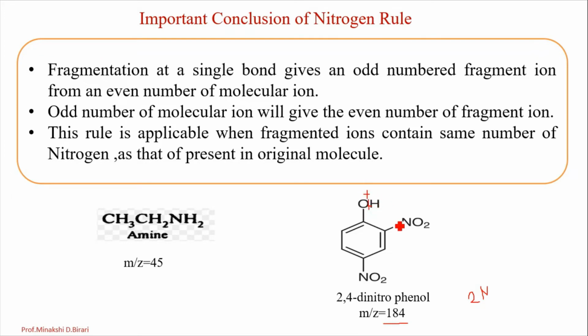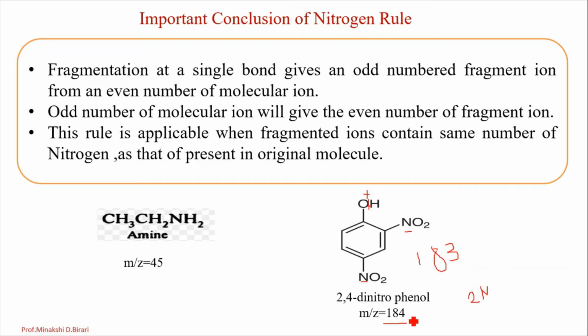And if we calculate the molecular mass of this fragment ion, it becomes 183. Now, the number of nitrogens present in the fragment ion and in the molecular ion are the same, two nitrogens. As we have studied, fragmentation at a single bond gives an odd numbered fragment ion from an even numbered molecular ion.